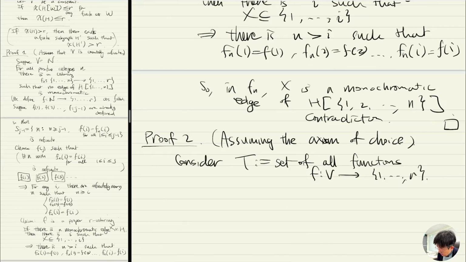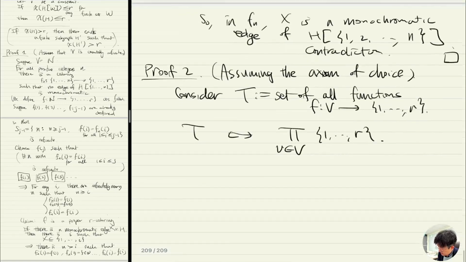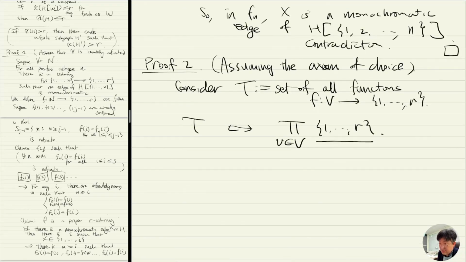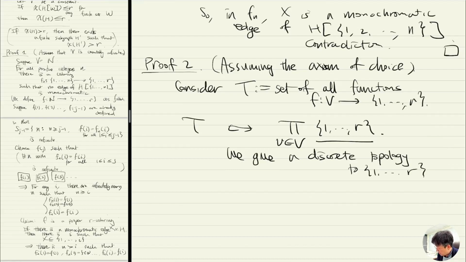You can think of it as follows: for each vertex, I'm taking a product of this finite set 1 up to R, and we give the discrete topology to 1 up to R, so that any subset of it is open and closed.